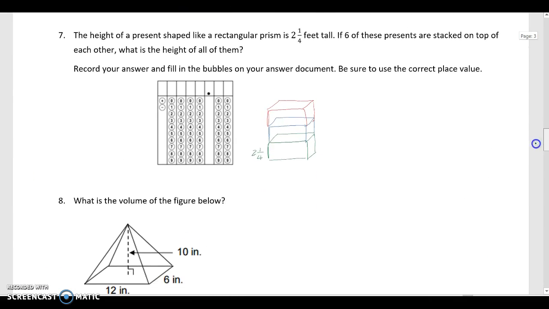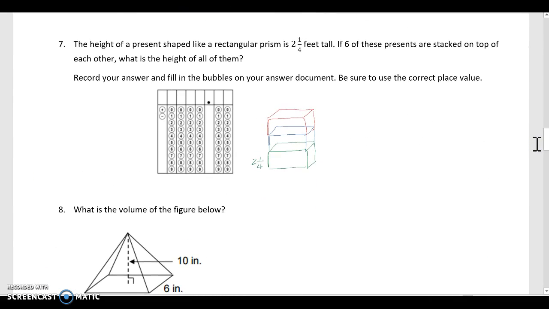Okay. So 6 of them are stacked on top of each other. So this sounds like a complicated problem, but it actually is pretty simple. So what are you going to do? You have 2 options. You can either add them all up, right? There's 6 of them, or you can multiply. So 2 1/4 times 6.